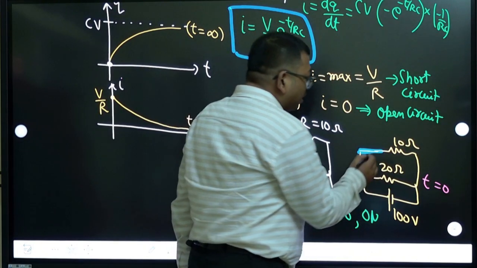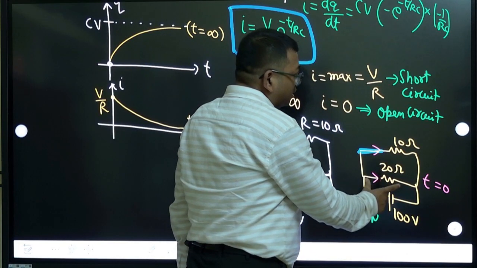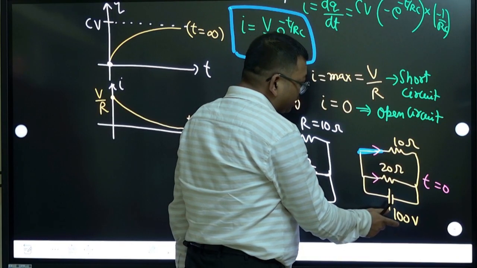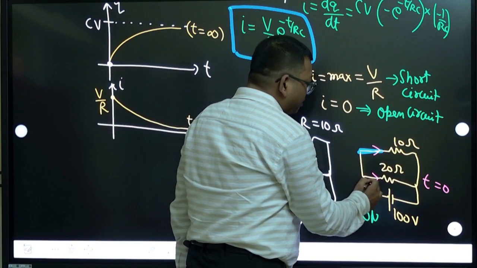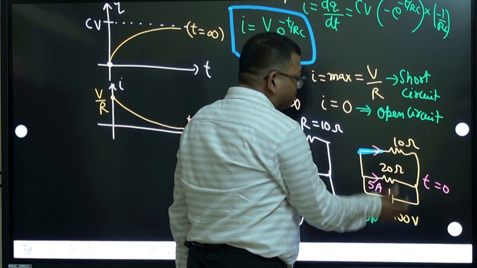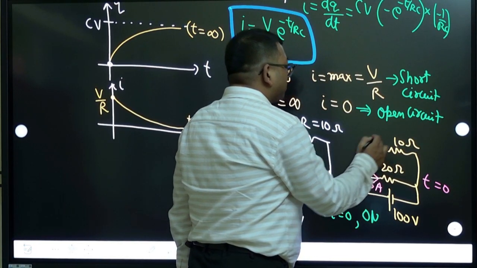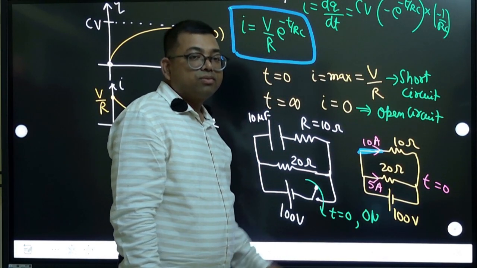So the current in the upper and lower branches you can calculate, because voltage is same and resistances are different. I equals V by R. 100 by 20 means 5 ampere will go here, and 100 by 10 means 10 ampere will go here. Total current will be 15 ampere. Very simple like this.